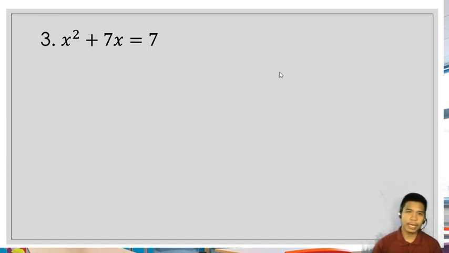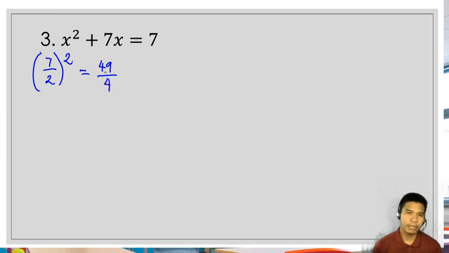So, proceed tayo. Gagawin na nating perfect square trinomial. So, una natin gagawin is to get the numerical coefficient of x. So, that is 7 divided by 2 quantity squared. Okay, so get the square. 7 times 7 is 49, over 2 times 2 is 4.